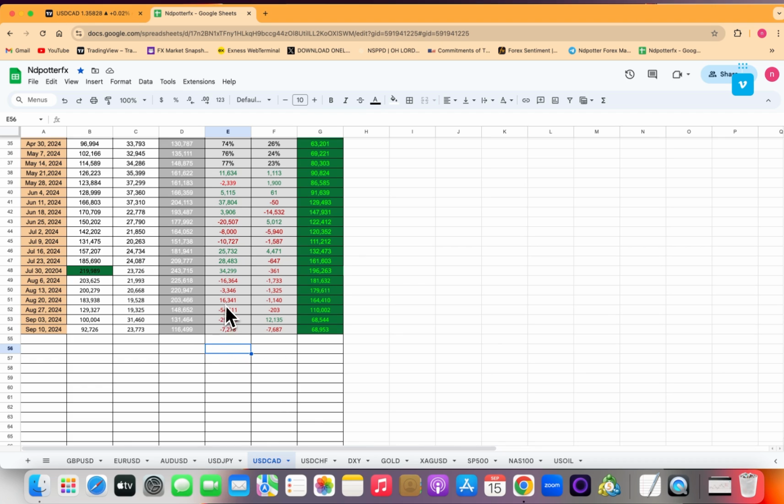So we know that they are taking profit, and we know that CFTC data is submitted to the CFTC on Tuesdays, but we get access to it on Friday night. That's when we get access to it. So based on that, I know that the institutions are currently taking profit on their long.